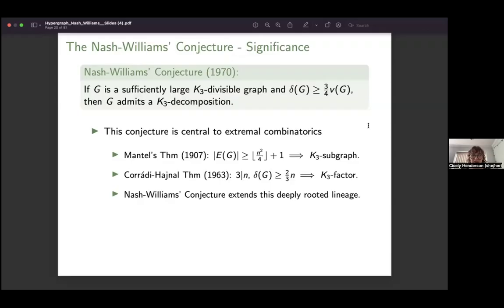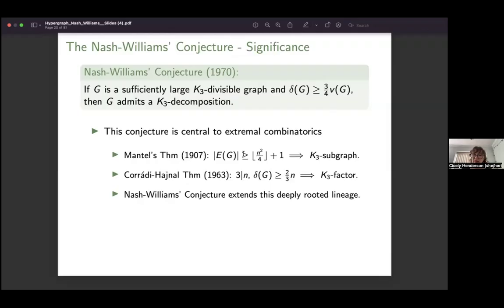First of all, there's Mantel's theorem, which gives us a lower bound on the number of edges needed to guarantee the existence of a K3 subgraph. And Mantel's theorem is the base case for Turán's theorem, which sparked the whole subfield of Turán theory, which is truly at the heart of extremal combinatorics.